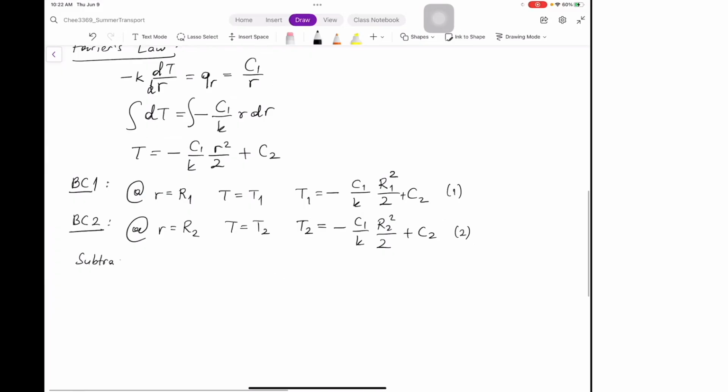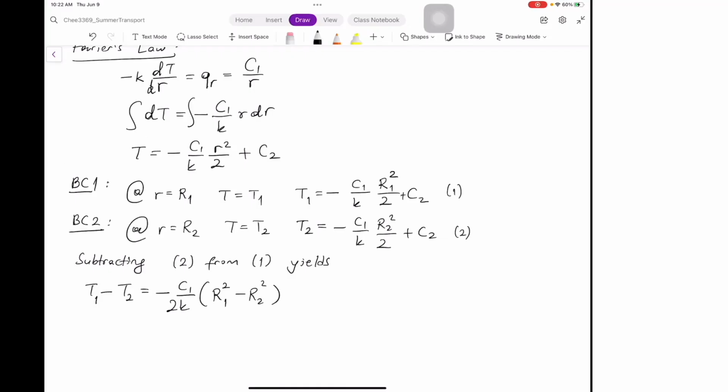Subtracting 2 from 1 yields T1 minus T2 is equal to minus C1 over K, say C1 over 2K, R1 squared minus R2 squared.